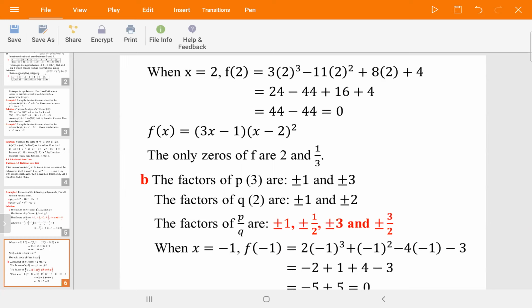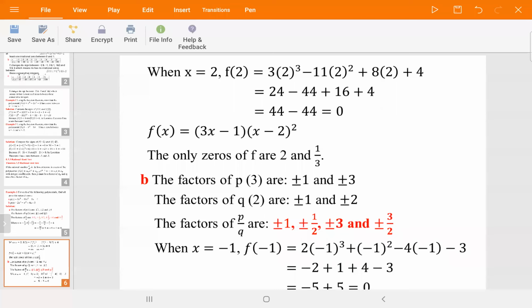But if you continue evaluating this polynomial, you cannot find another 0 different from 2 and 1 over 3. Because as you can see, f of x in factorized form is 3x minus 1 times x minus 2 the whole square.